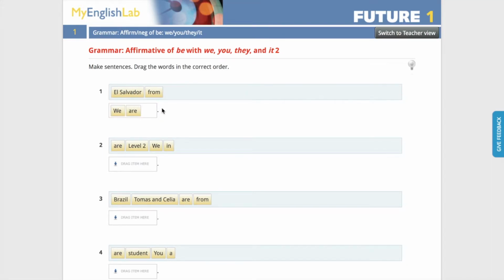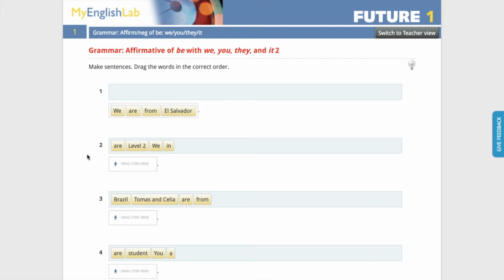And we learned how to introduce ourselves to someone. We are from El Salvador. There you go. Pronunciation took place, sentence structure, the parts took place, and you've completed a full sentence that you can pronounce.